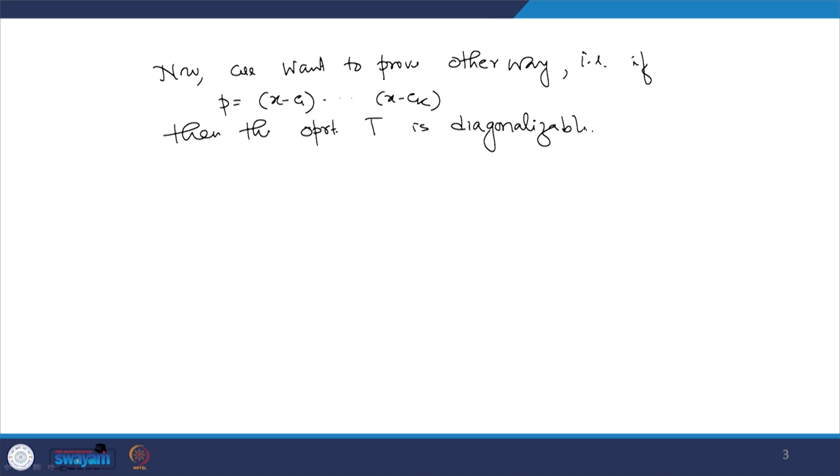That is, if T is a linear operator defined over a finite dimensional vector space and the minimal polynomial is product of linear factors, then for any proper subspace W which is invariant under T, if you consider any vector alpha belongs to V which does not belong to W, the T conductor of alpha will be linear polynomial.